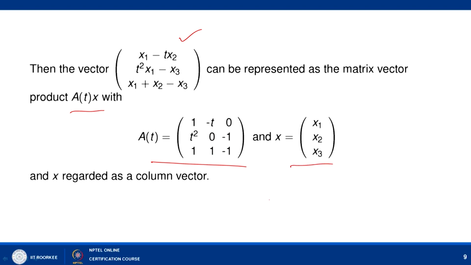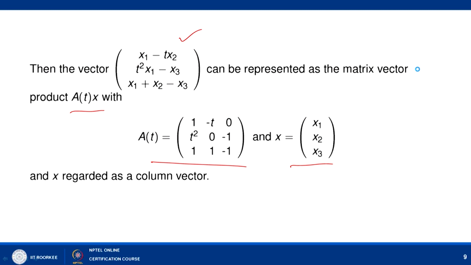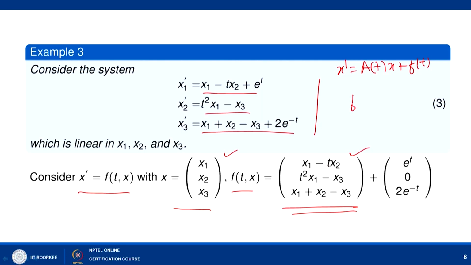So for equation number 3, I can write this as x dash equal to A(t)x plus f of t, where f of t is given by (e to power t, 0, 2 e to power minus t).